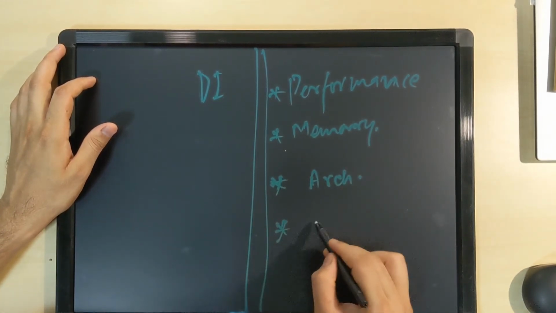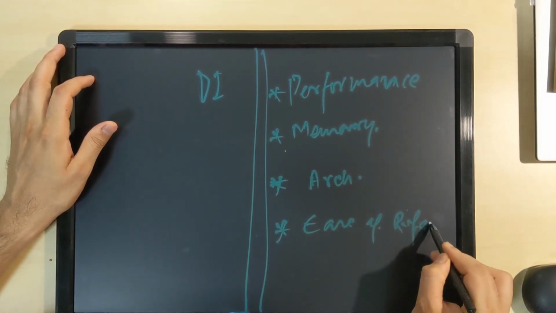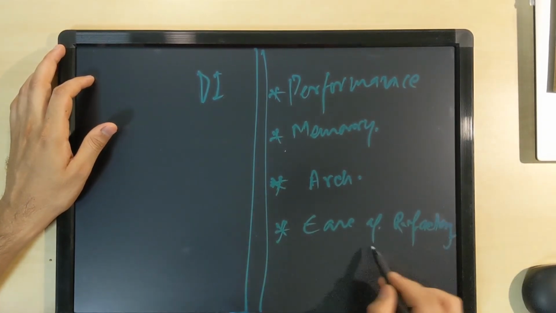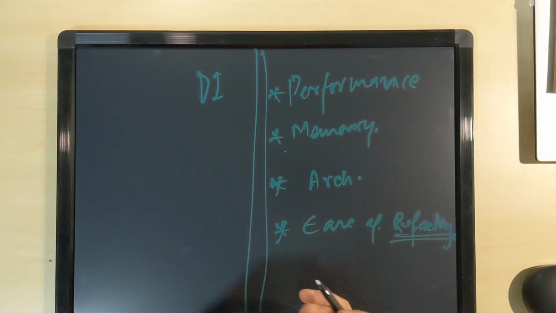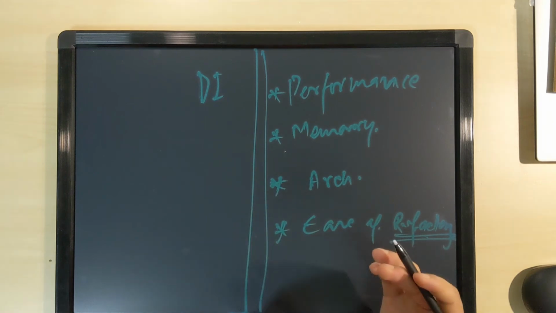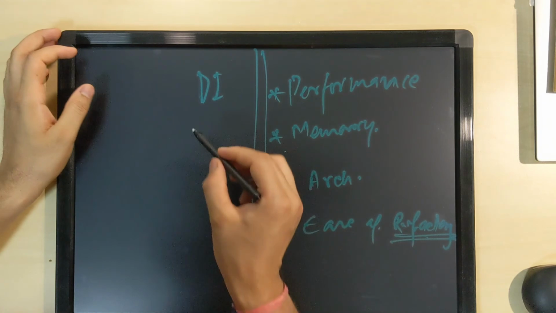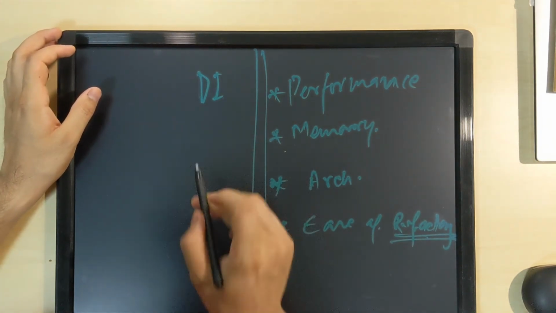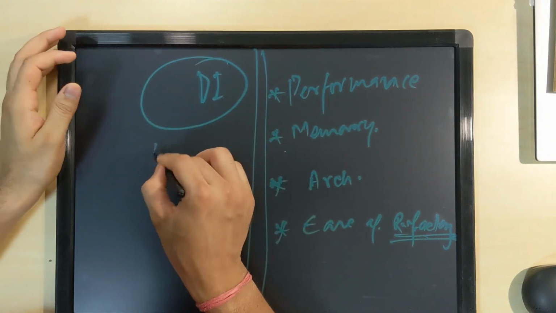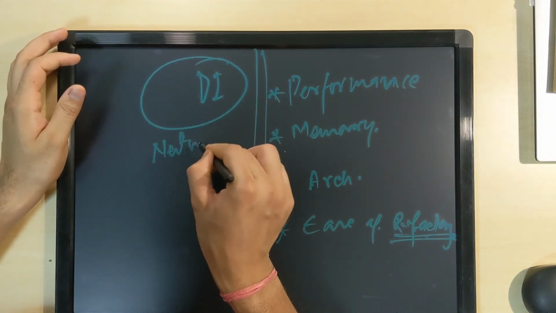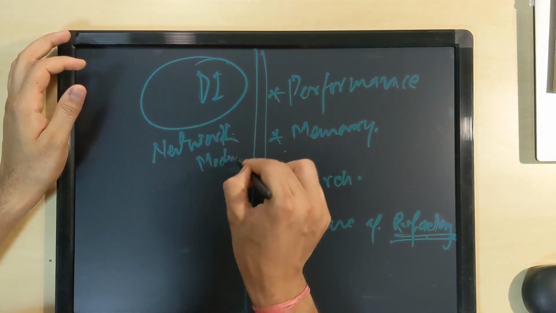Fourth one is refactoring. Refactoring means if you want to enhance your code, or if you want to enhance some library, say you want to change your Retrofit or Volley in future, then you have to just replace a particular place, that is your network module, which you define at a single place.